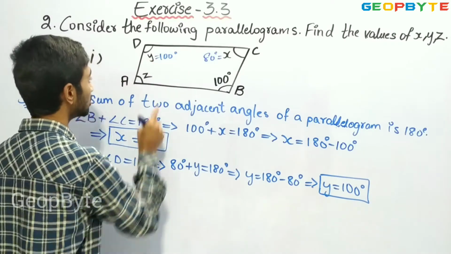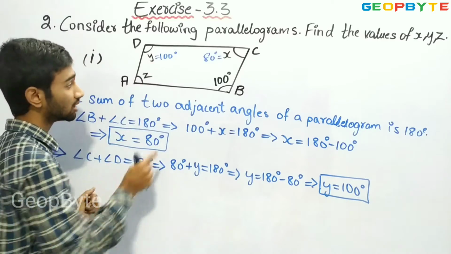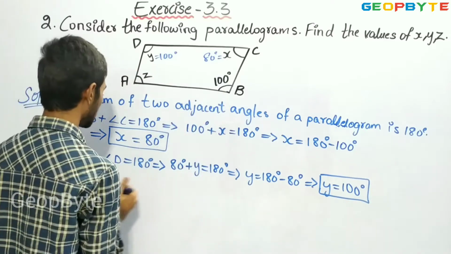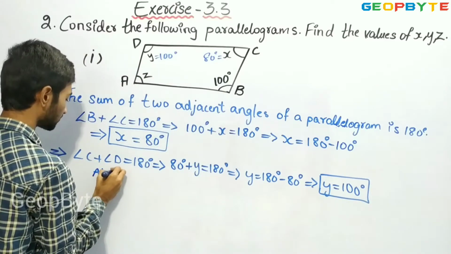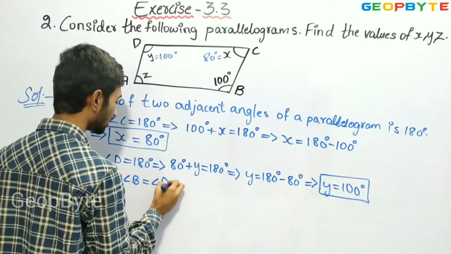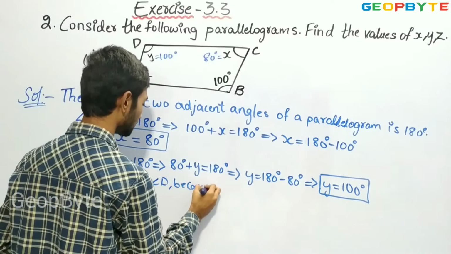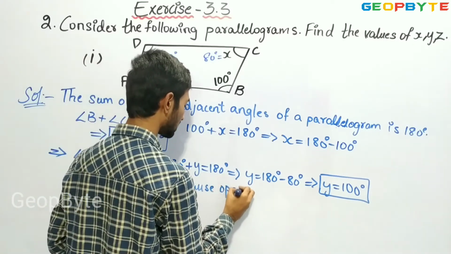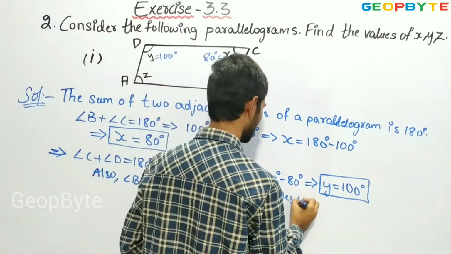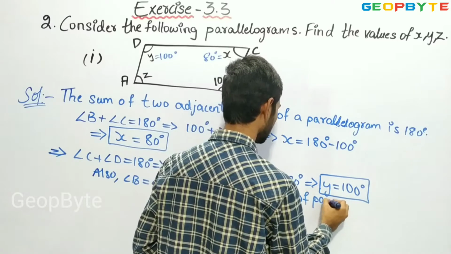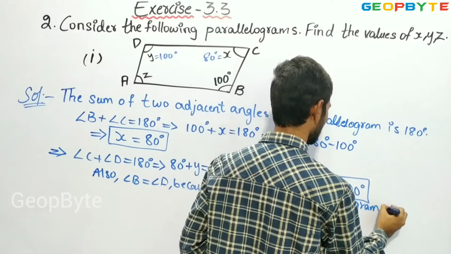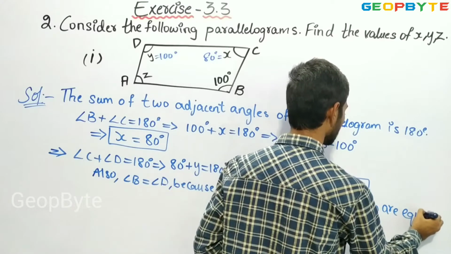Also, there is one method to find the value of y. We know that the opposite angles of a parallelogram are equal. So here also angle B is equal to angle D because opposite angles of a parallelogram are equal.